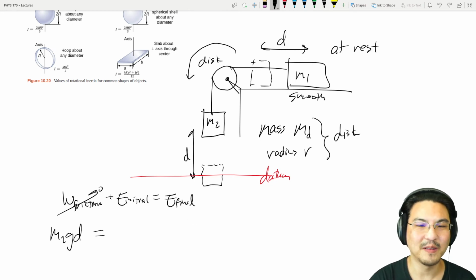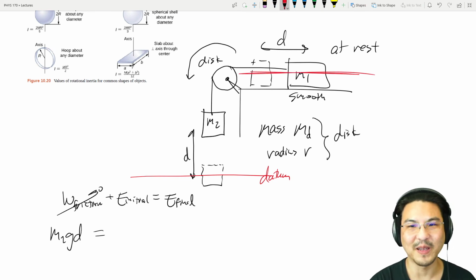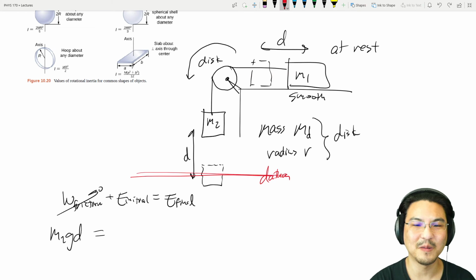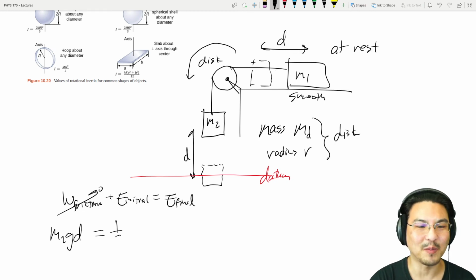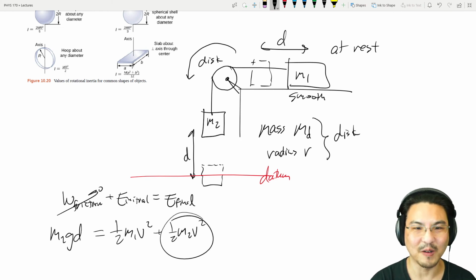Okay, so final. For block 1, the datum was here, still at the datum. Block 2, the datum is here, so it's at the datum. For the pulley, the datum was here, it's still there. Okay, so we're done with gravitational potential energy. Block 1 was at rest, now it's moving some speed v, so it has kinetic energy. Block 2 was at rest, now it's going some speed v, so it has kinetic energy.